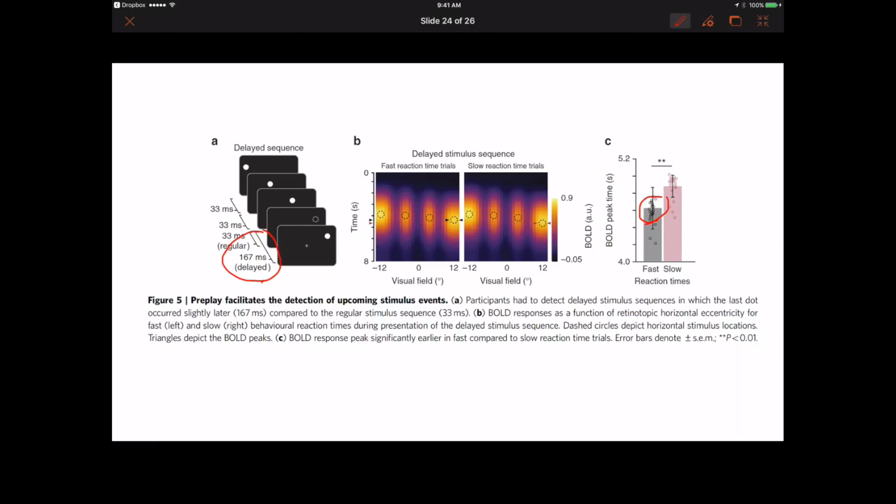Now, what is unusual about this experiment is that all this is happening in V1. We used to think that things happen in V2, V3, in the more higher integrative areas, that's where manipulations occur.